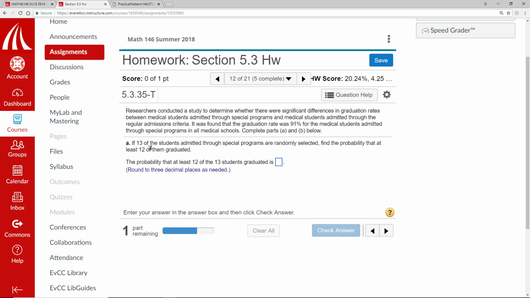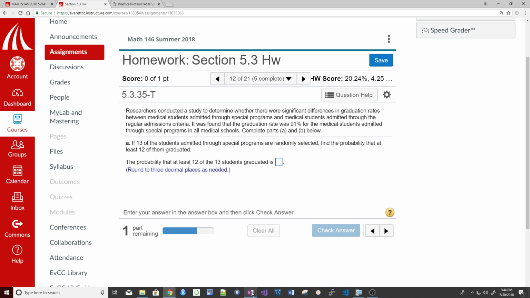If 13 of the students admitted through special programs are randomly selected, find the probability that at least 12 of them graduated. Now, here's the thing. This is at least 12, which basically means exactly 12 plus exactly 13, the sum of those two.